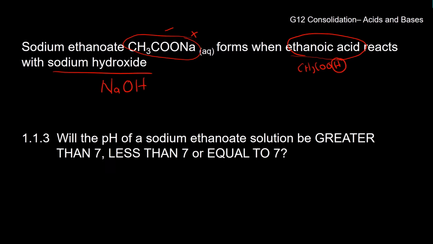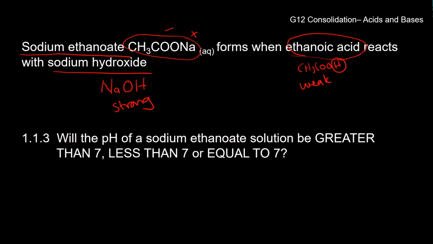Now, this is the salt. Sodium ethanoate is the salt that forms when we've got this weak acid reacting with a strong base. The question is, will the pH of the sodium ethanoate solution be greater than 7, less than 7, or equal to 7?